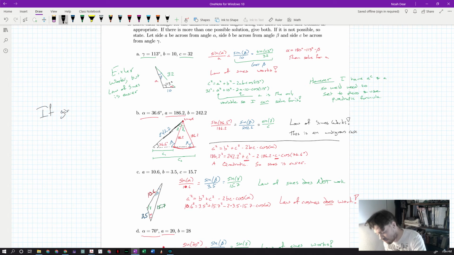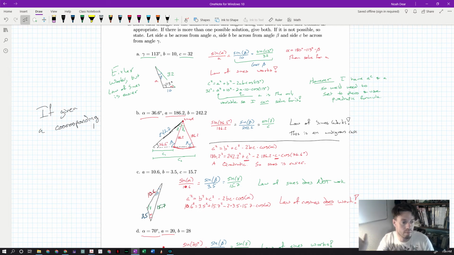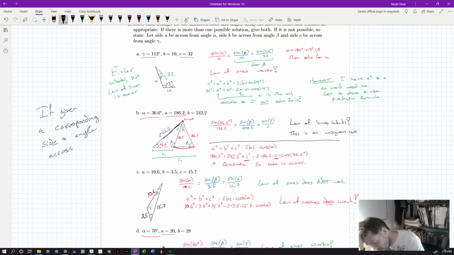If given a corresponding side and angle across from each other, use law of sines.